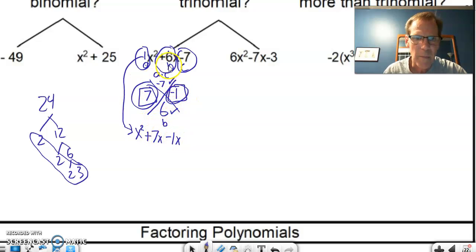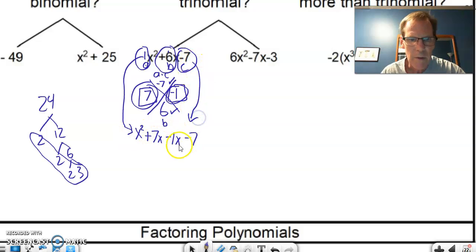We split up this B value, plus 6x, into plus 7x and negative 1x. That seems really strange, but it's fair to do. It's kind of going backwards. We're used to combining like terms. We're uncombining into like terms. Some people refer to this as busting the B's. So we're breaking it up, and then we've got the minus 7 still at the end. So we just rewrote the original expression and we broke up the B values.